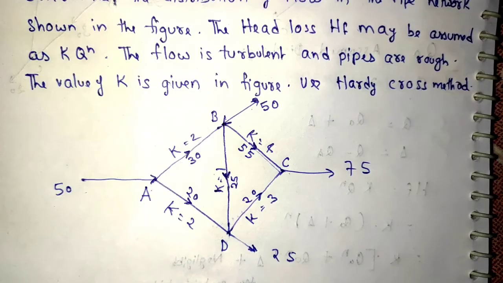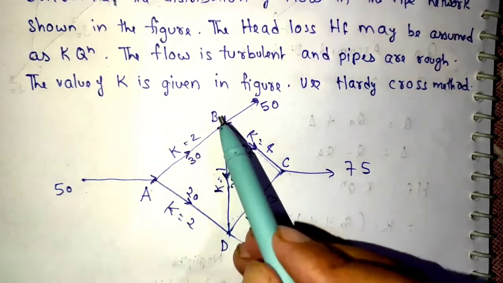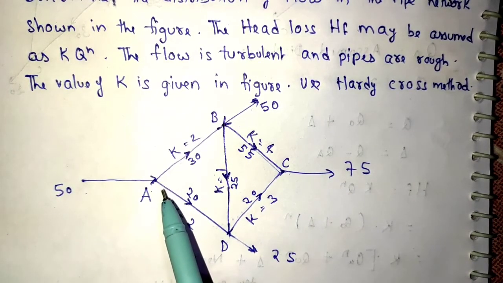And now when we have assumed, we also divide the system into loops. You understand loops? A loop is a closed network of pipe systems. So if we carefully analyze, we have two loops in this entire system: the loop ABDA, right?